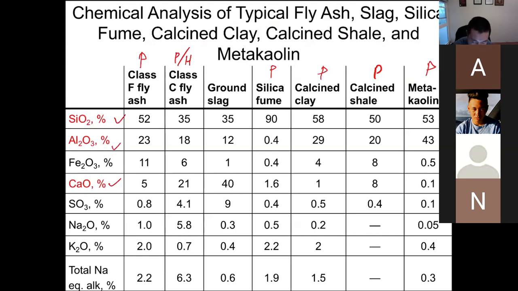So class C fly ash, which has more than 10% of calcium oxide, and also slag, which has even higher percentage of calcium oxide, in this example around 40%. Due to the calcium oxide percentage being higher in slag and class C fly ash, they have hydraulic properties. Again, they can form CSH by themselves.